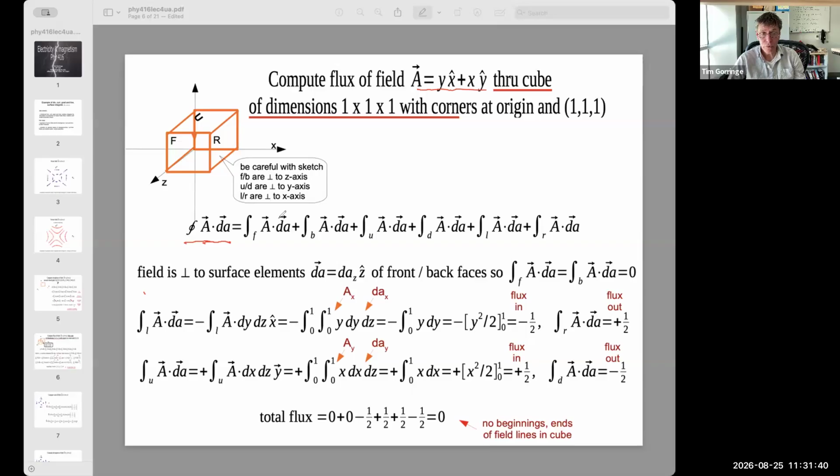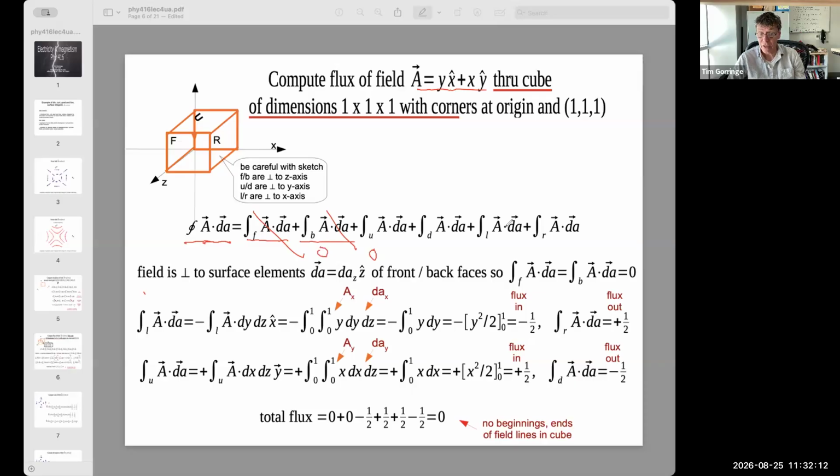And so 2 of these integrals, the one for the front face here and the one for the back face here, have no field passing through them. There will be no field lines passing through those faces. So I just understand that the surface integrals of the field over those faces are going to be 0. And so I'm not going to worry about these. These are both 0.